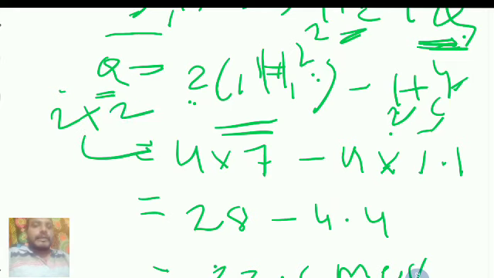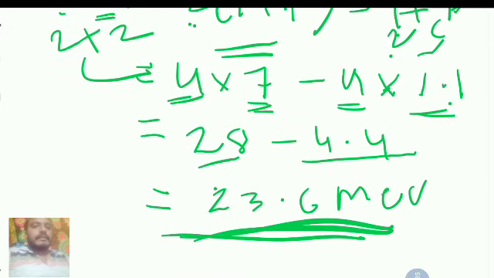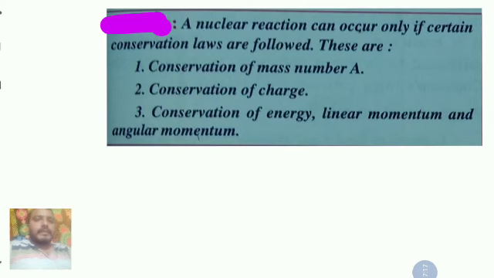So 4 nuclear particles are there. So 4 into the given energy, 7 mega electron volts. Helium also has 2 protons and 2 neutrons, given energy 1.1 mega electron volts. So multiplying, 7 fours are 28, 4 into 1.1 means 4.4. Simplifying this one, 23.6 mega electron volts. It is the answer. Very important.